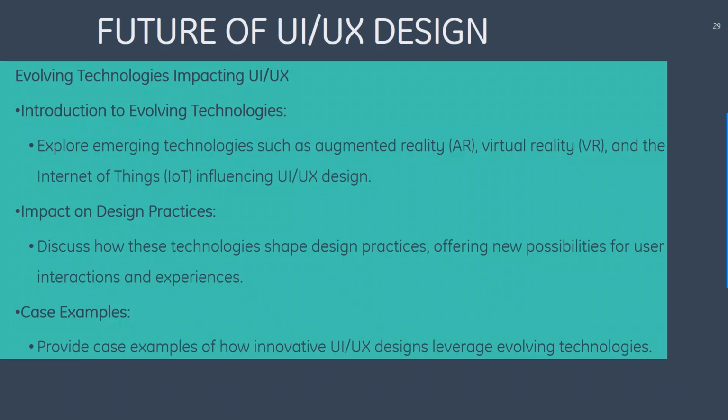We discuss how technology shapes design practices, offering new possibilities for user interaction and experience. Some of the case examples being provided show how innovative UI and UX design leverage evolving technologies.